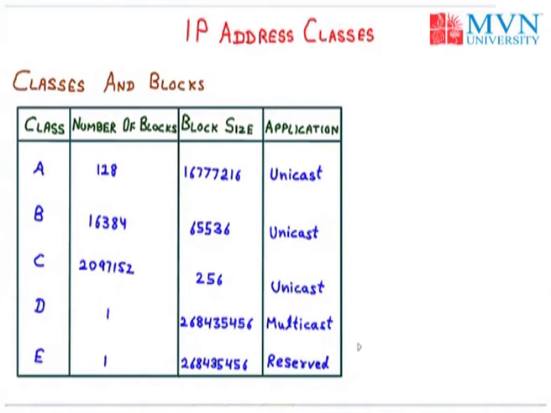Now classes A, B, C, D and E have their own functions. Class A block addresses are too large for any organization, so addresses are wasted.